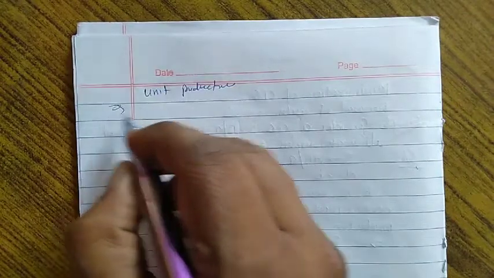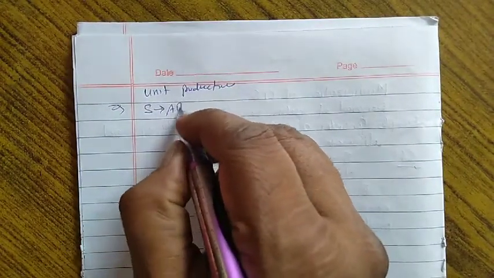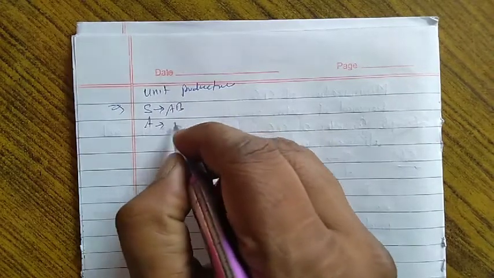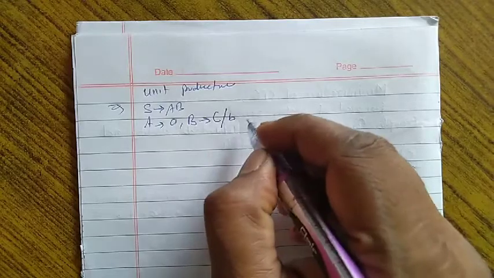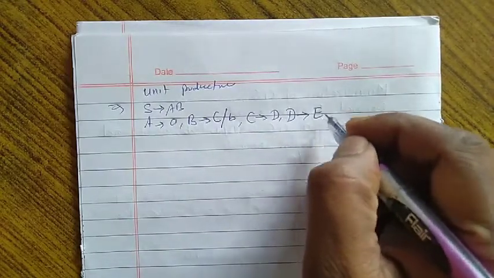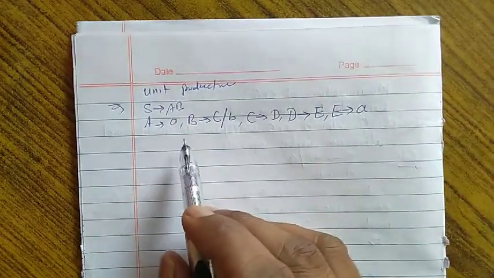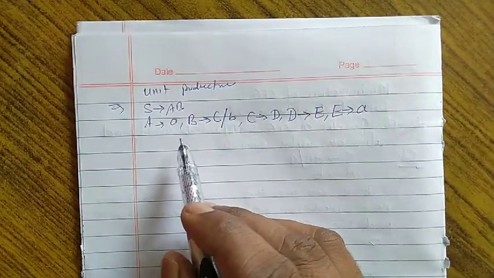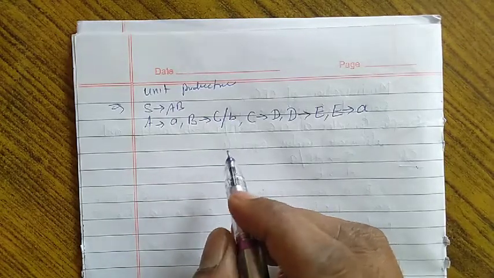Suppose we have a grammar: S gives AB, A gives A, B gives C, C gives D, D gives E, and E gives A. In this grammar we want to identify the unit productions, and after that we can remove them.